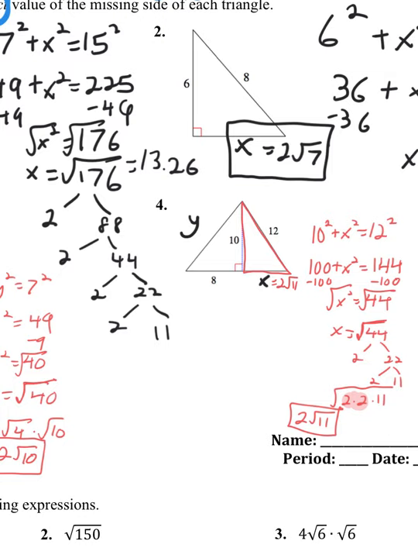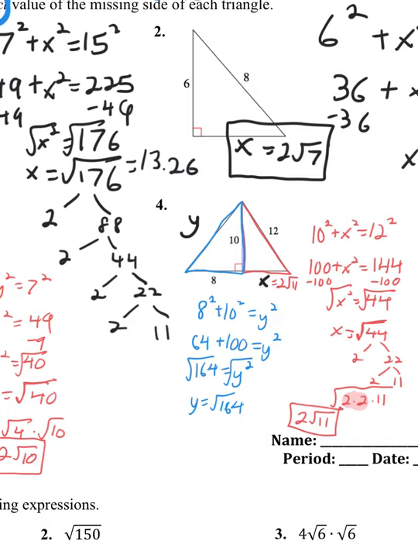And then the very last triangle, this blue one here, I have side lengths 8 and 10. 8 squared plus 10 squared equals y squared. And I get 164 equals y squared. So y equals the square root of 164. And then I go ahead and break it down.